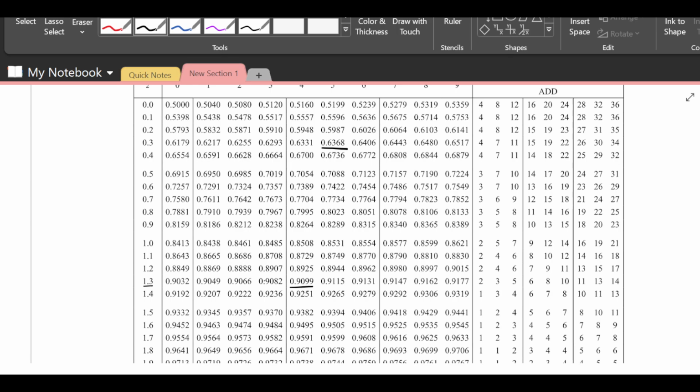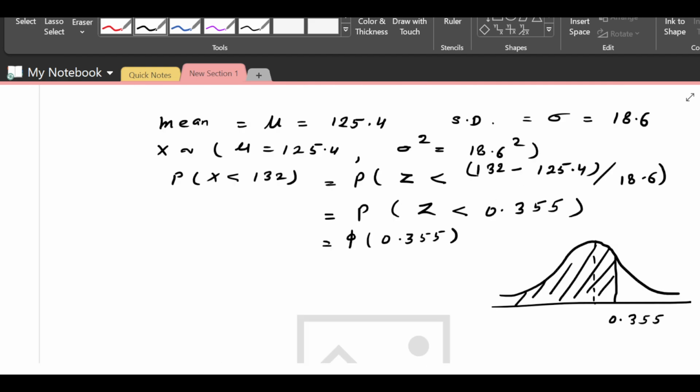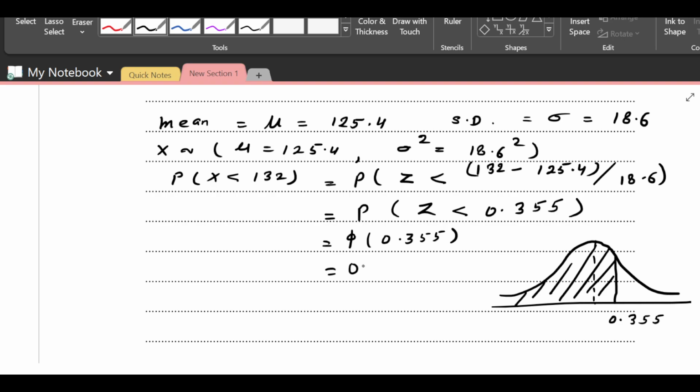So we will get the answer as 0.6387. Up to 3 decimal places you can round, and you can say that 0.639.